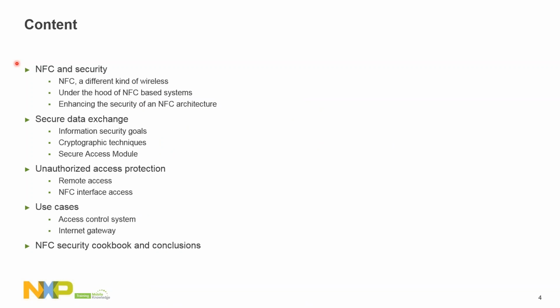Identify in this way two main categories: how to secure the data exchange through the NFC interface, which will lead us to the introduction of information security goals, cryptographic mechanisms, and techniques to ensure those goals, and how to protect from unauthorized device access, both from a remote access perspective. This is ensuring that only authorized entities have access to the device, and also protecting the access to data from the NFC interface. For both categories, different products from NXP will be introduced and presented.